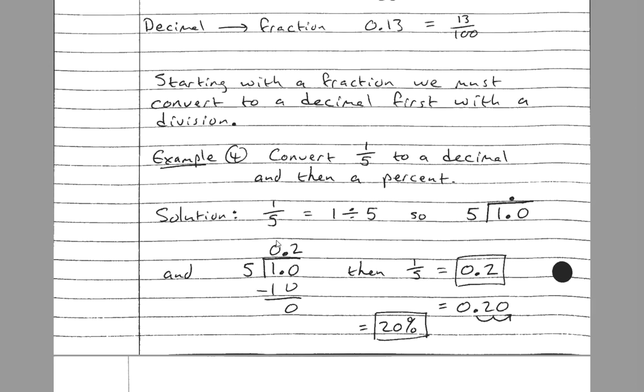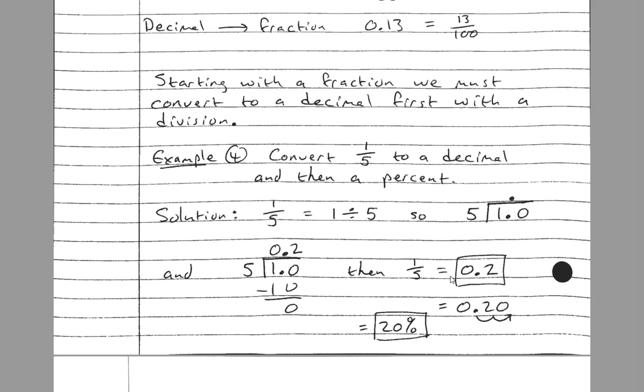5 goes into 1 0 times, but 5 goes into 10 2 times. Put the 2 above the 0 here. 2 times 5 is 10, subtract, you get 0. So 5 goes into 1 exactly 0.2 times.